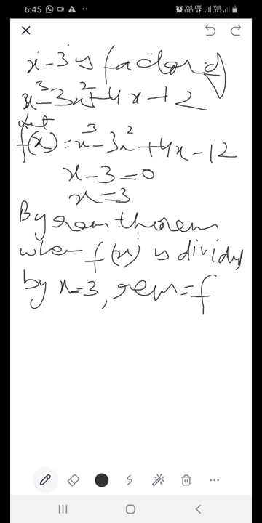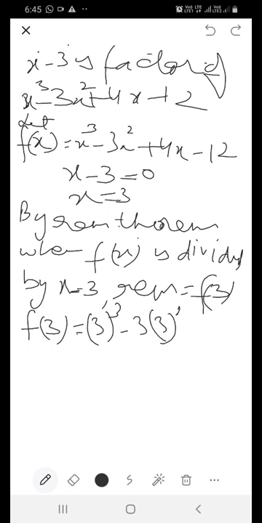put the value of x which we have found, f(3). Now we are going to find f(3) of the given expression. Substitute the value of 3 in the given algebraic expression. f(3) is equal to 3 cube minus 3 square plus 4 into 3 minus 12.